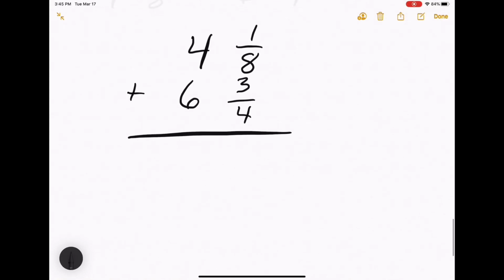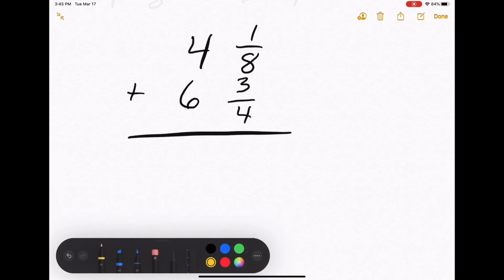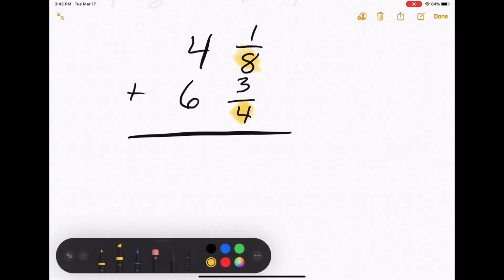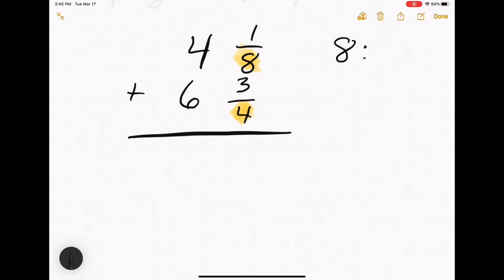You'll notice that the fractions have different denominators. So we need to use least common multiple to figure out what equivalent fraction to 1/8 and 3/4 I can use to more easily add them. So to the side, I write my denominators, my 8 and my 4.